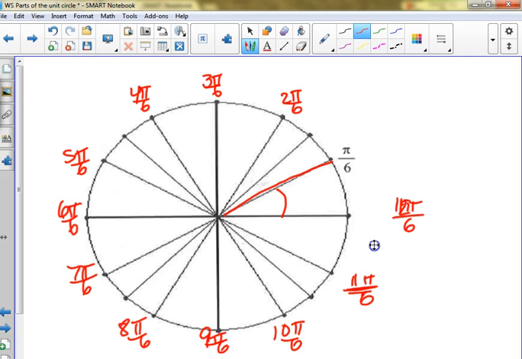How many of those reduce? A lot of them, right? This is 1 pi over 6. This one reduces to 1 pi over 3. What's 3/6?